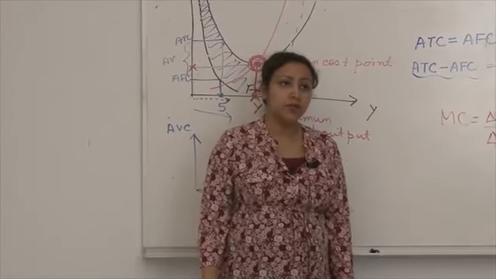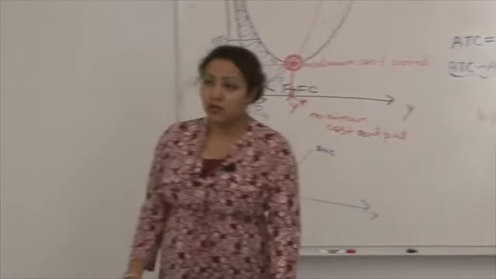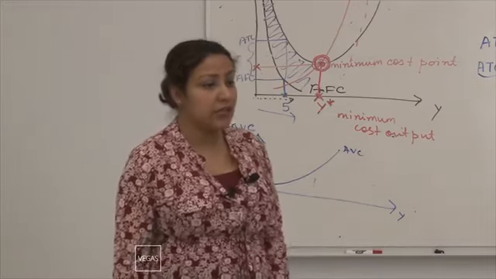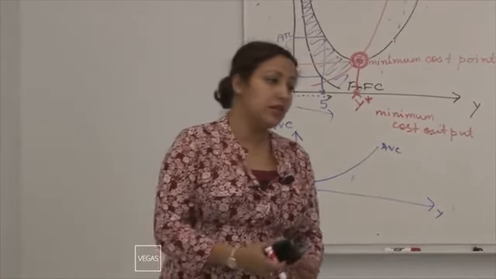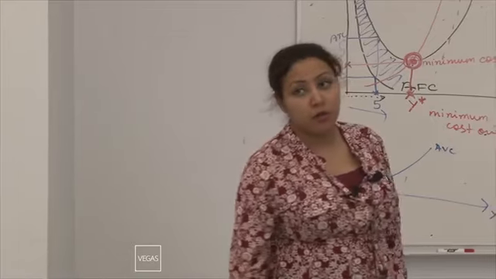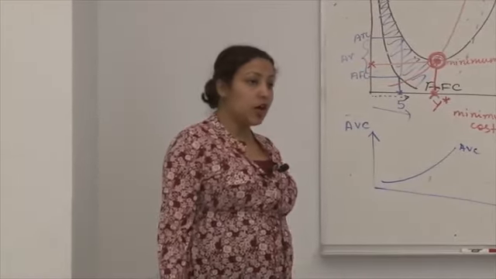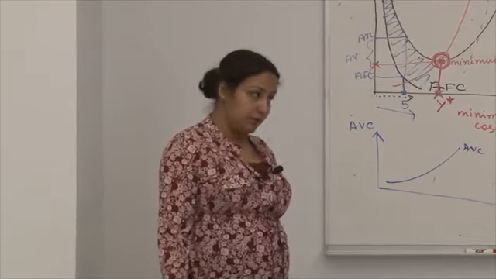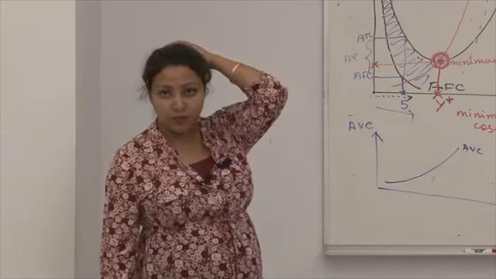Okay. So you can write this sentence down: MC intersects the ATC at the optimal point of production, that is Y star.